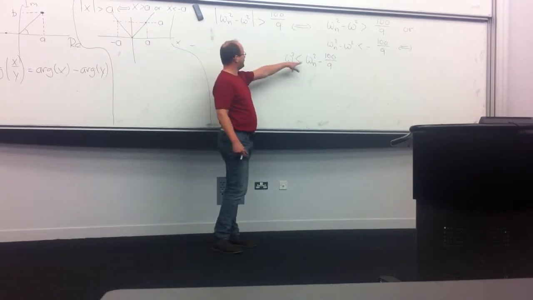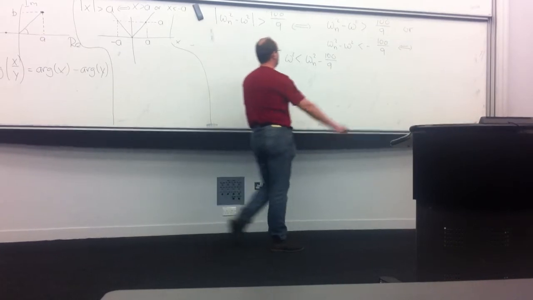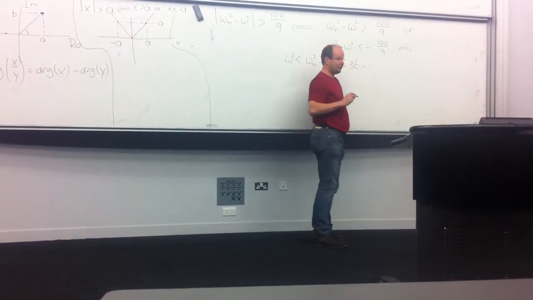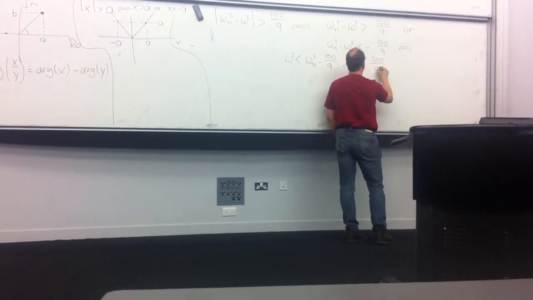So omega squared is smaller than omega n squared minus 100 divided by 9. And I know that omega n squared is 36. That's 36 minus 100 divided by 9.